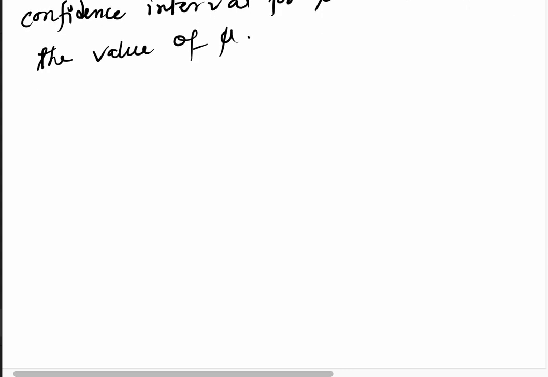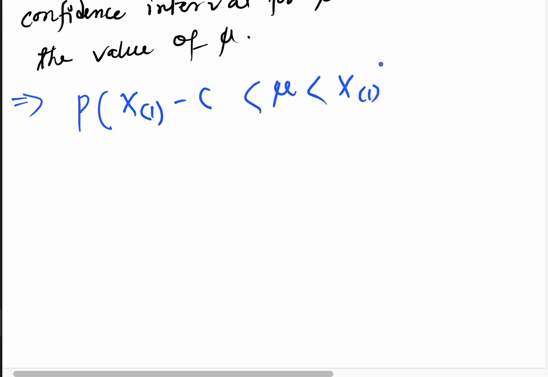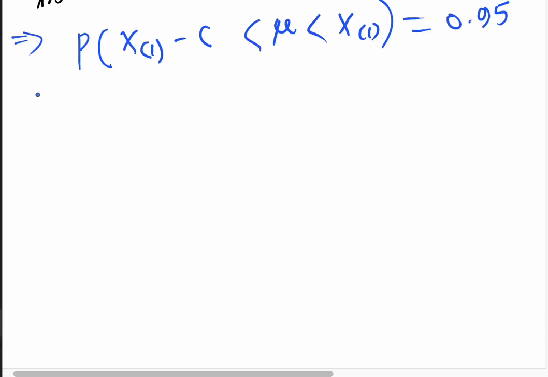Let's do it. So it is given that the probability that x1 minus c less than mu less than x1 is 0.95.